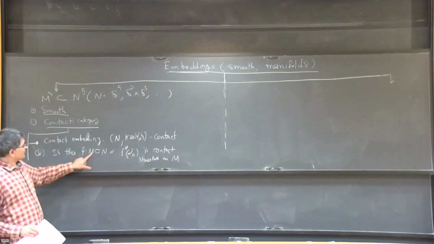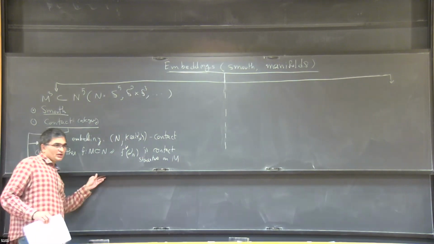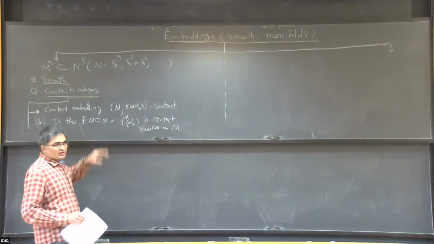So you start with some m and you embed in such a way that the embedding induces the contact structure on it.